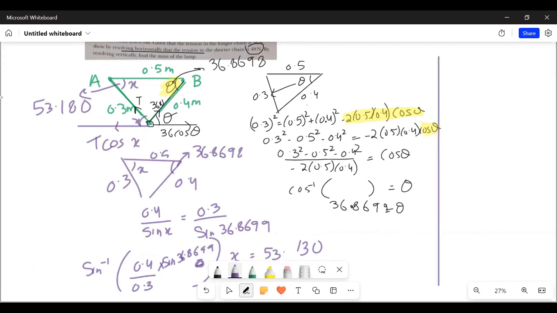Now I'm going to equate the horizontal components. Since the system is in equilibrium, it's not moving. That means the right side forces are balancing out the left side forces. So they need to be equal.